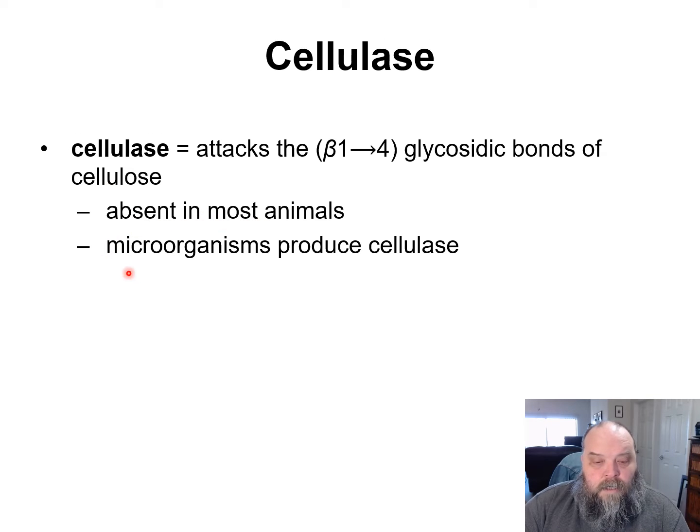There are microorganisms, though, that do produce cellulase. For the most part, we don't have these. You're going to find these in ruminant animals, cows, goats, things like that, which have bacteria and some protists that do this. Another example is termites.